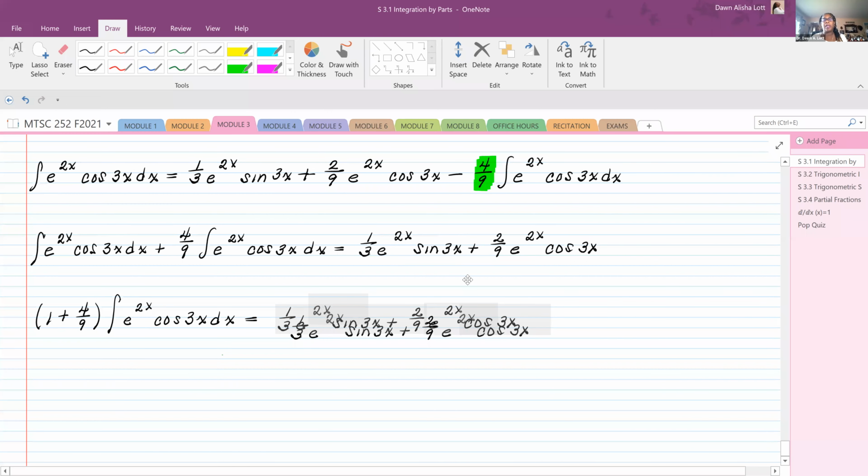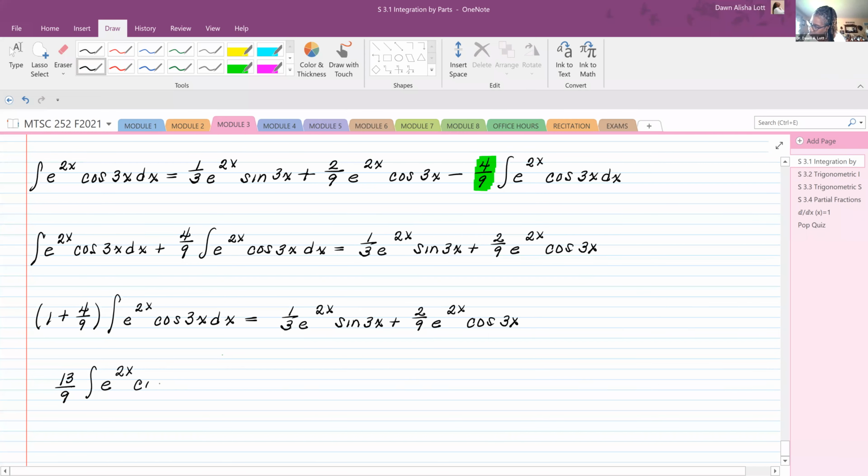So that's the same right-hand side. But now over here, I get 1 plus 4/9, so I get 13/9 times the integral of e to the 2x cosine of 3x dx, again equal to that same right-hand side.